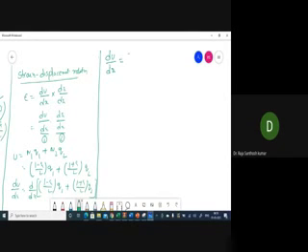Now we know that u is equal to N1 Q1 plus N2 Q2. What is N1? 1 minus xi by 2 into Q1. What is N2? 1 plus xi by 2 into Q2. So du by dxi is d by dxi of (1 minus xi by 2) into Q1 plus (1 plus xi by 2) into Q2.